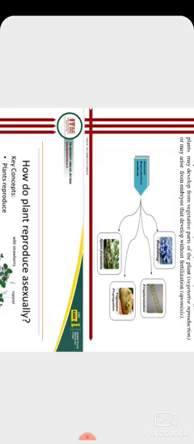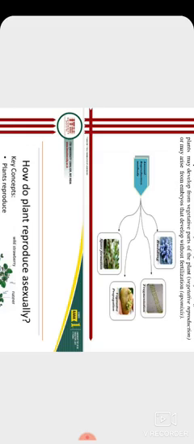Then what are the two types of asexual reproduction, that is vegetative reproduction, or vegetative propagation, and apomixis. We will discuss both these topics. In today's class I will tell you only about vegetative propagation, and about apomixis I will tell you in the next class.